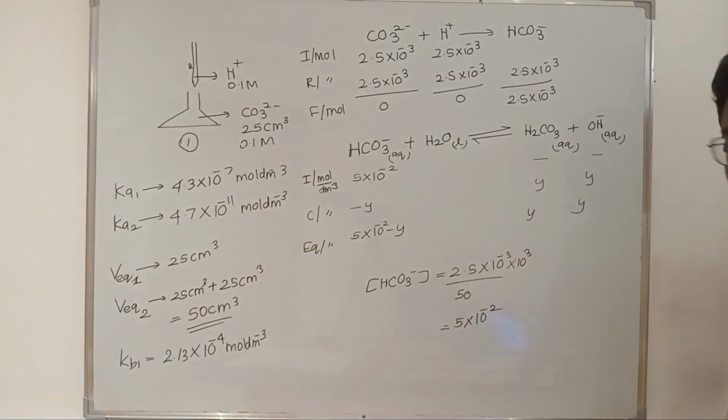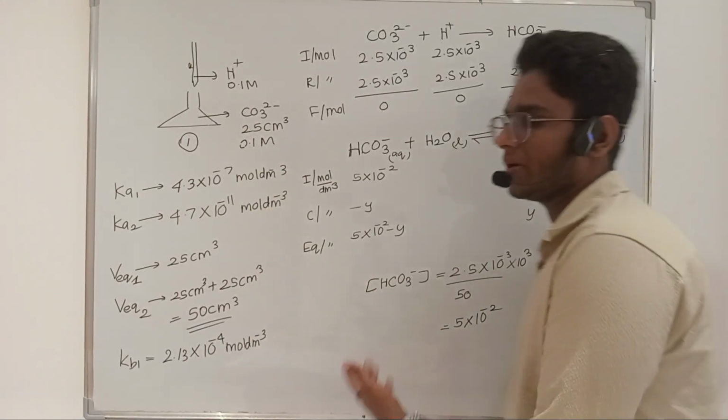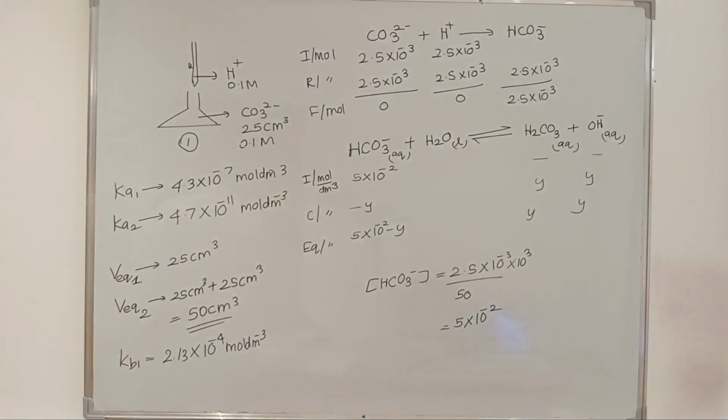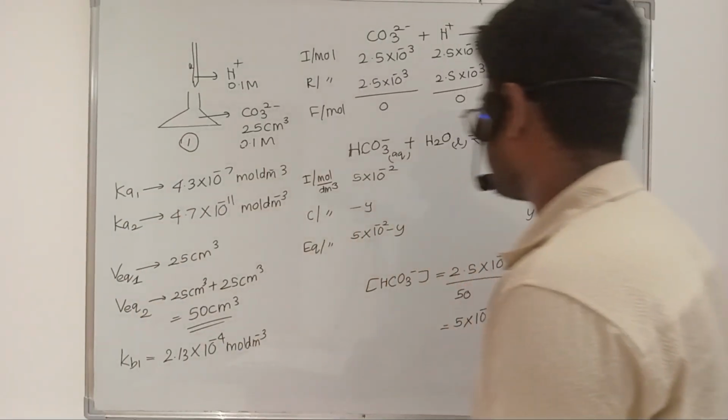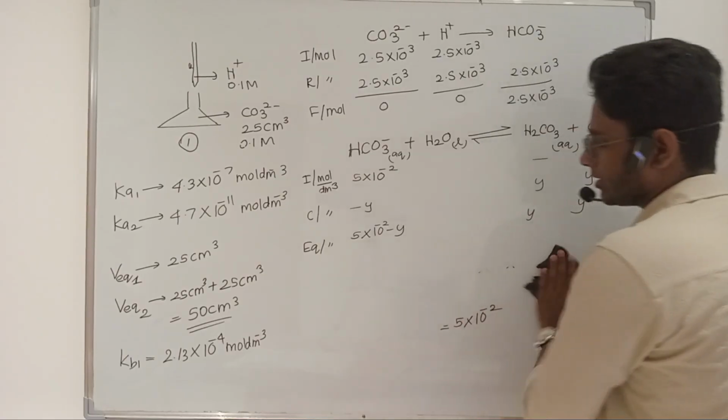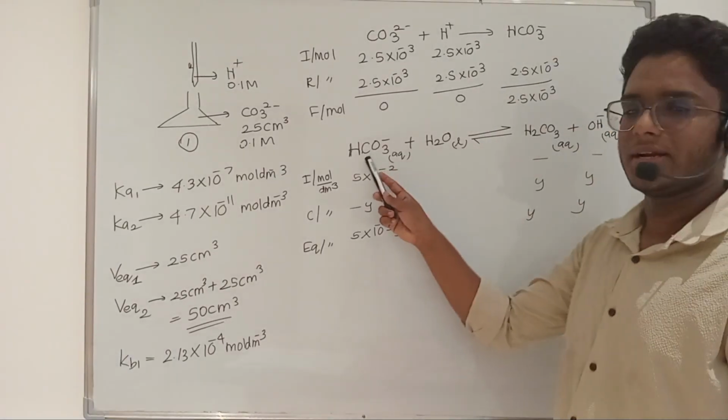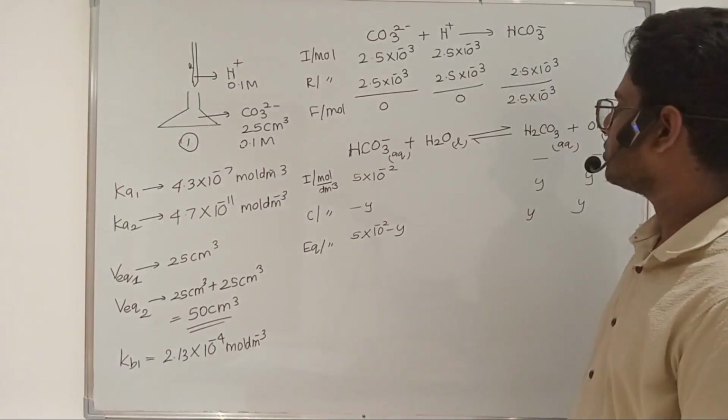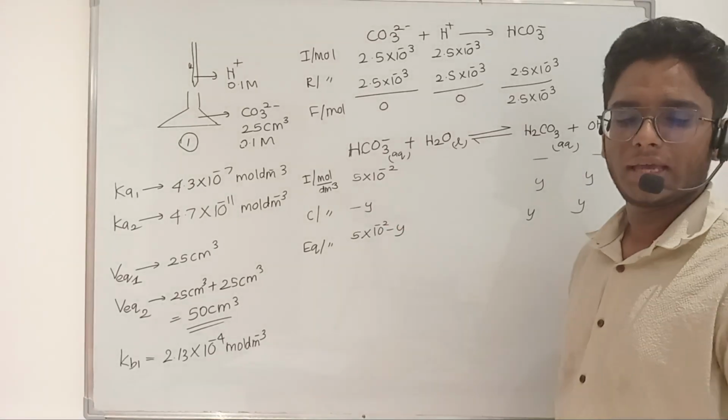Now what do you have to do? You have to write the Kb value. You have to find the concentration of OH minus, then pOH and then pH. That is the normal way. I'll erase this. So what is this? This is a base, so is it going to be Kb1? No, Kb2. This is Kb2.